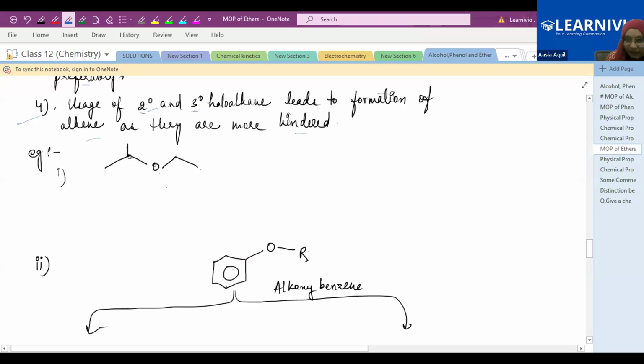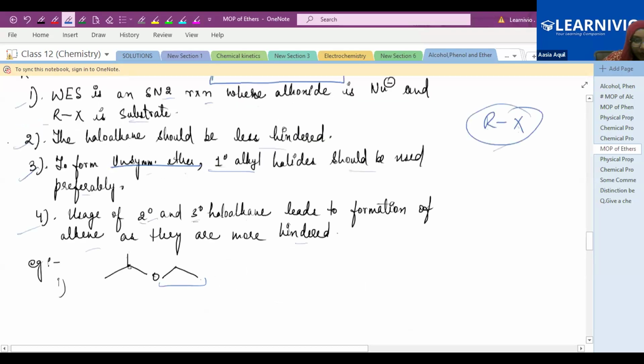So this is an unsymmetrical type of ether. Here on the right side of the ether linkage there is an ethyl group, and here this is the iso group, isopropyl: 1, 2, 3. This is the isopropyl group. So for this type of reaction, see the haloalkane.